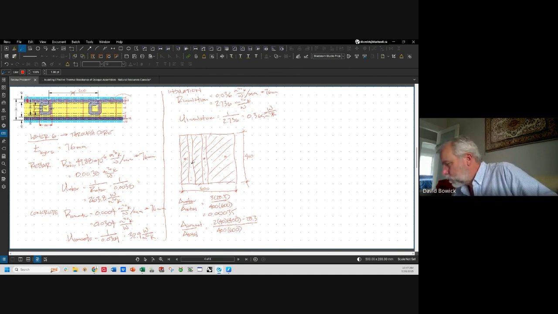So we've got these two 40 millimeter wide strips, because this section is cutting through here, layer 6. So we have two 40 millimeter wide strips, 400 high, and the rebar cuts through one of them.